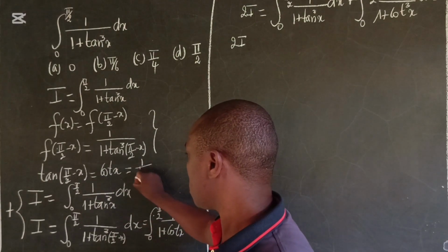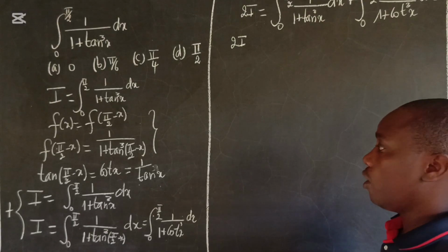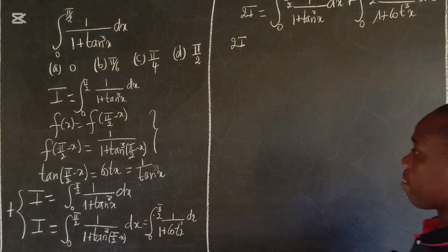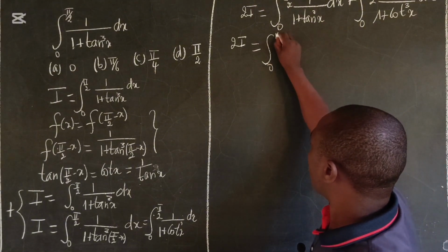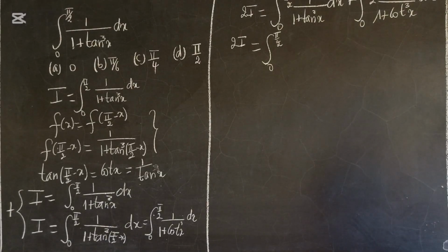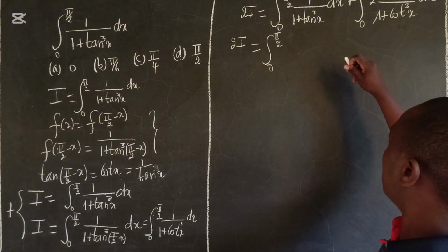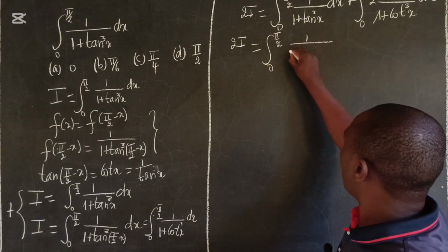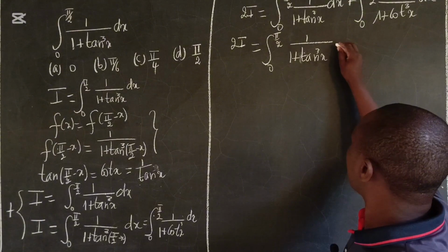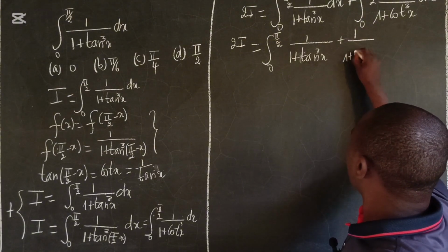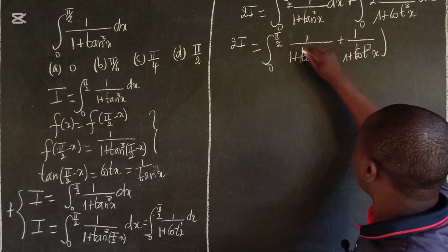Since the integral and the boundaries are the same, from 0 to pi over 2, we sum these terms: 1 over 1 plus tan power 3x plus 1 over 1 plus cot power 3x, dx.